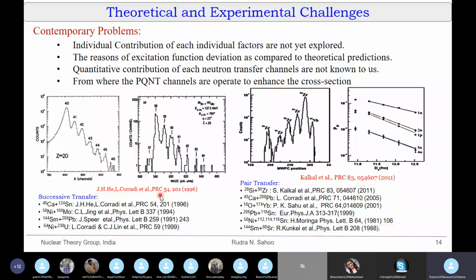However, in this reference from Kalkali scale, I am showing one figure where the 3 neutron and 4 neutron transfer probabilities are the same, which is also an experimental observation, and the 1 and 2 neutron transfer channel probabilities are nearly equal. Then we don't have any clear understanding of how the neutron transfer takes place from the projectile to target or target to projectile. These are the problems in the transfer mechanism, as well as in subbarrier fusion.